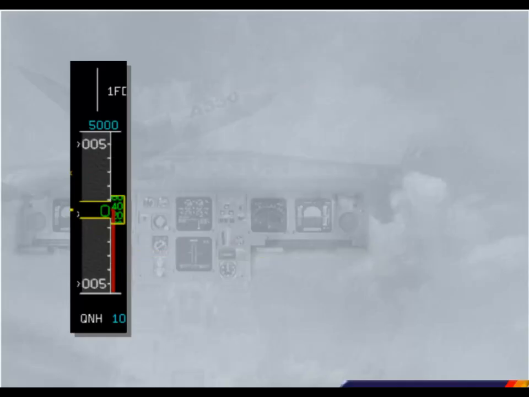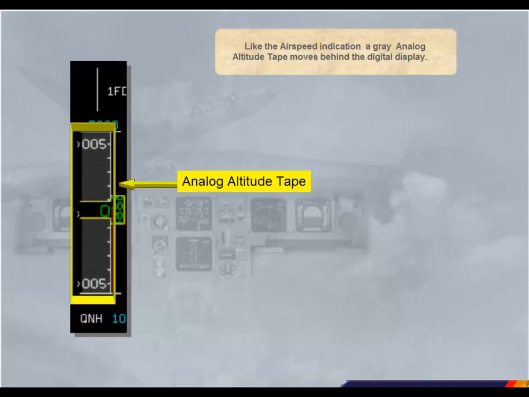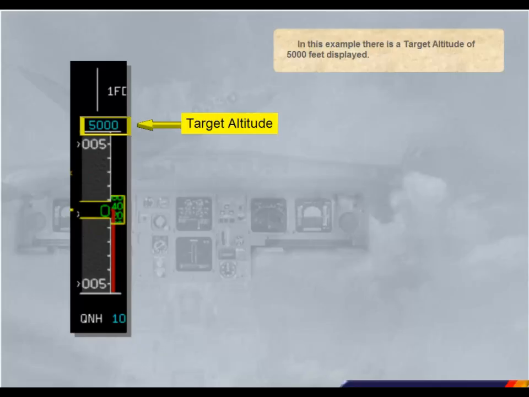Like the airspeed indication, a grey analog altitude tape moves behind the digital display. In this example, there is a target altitude of 5,000 feet displayed.